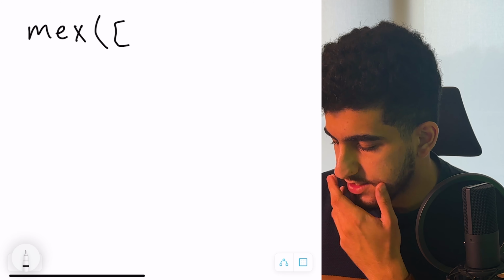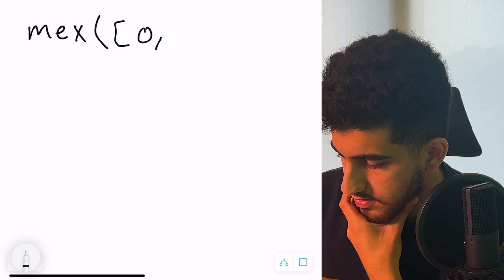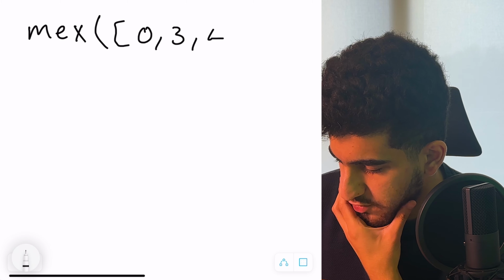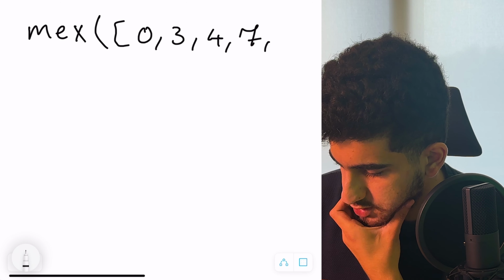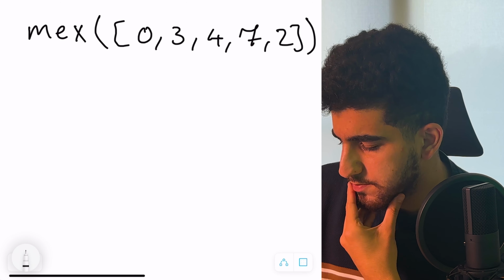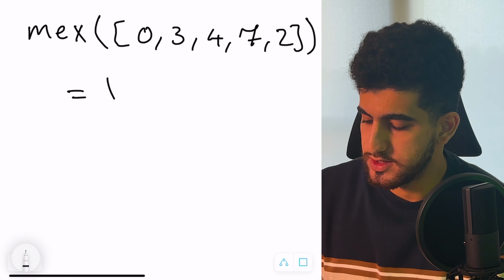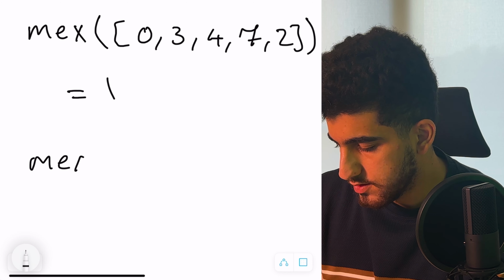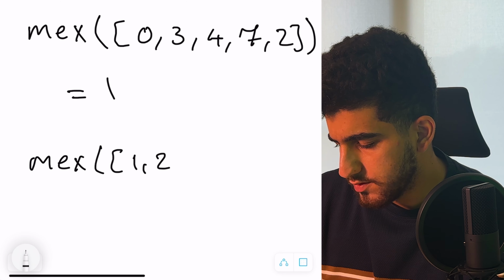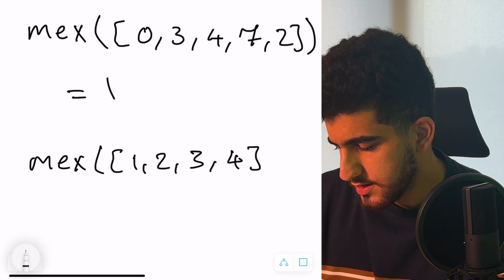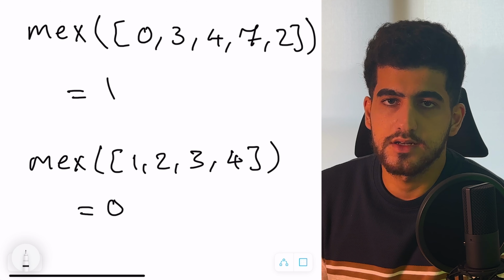For example, MEX of 0, 3, 4, 7, 2 is 1, because the smallest non-negative integer that is not in this list is 1. MEX of 1, 2, 3, 4 is 0, because 0 is not in our list.